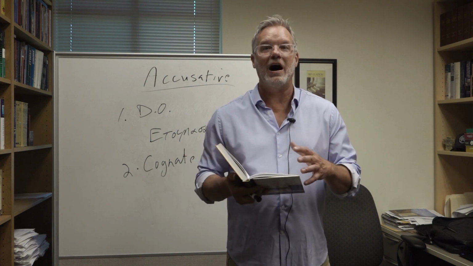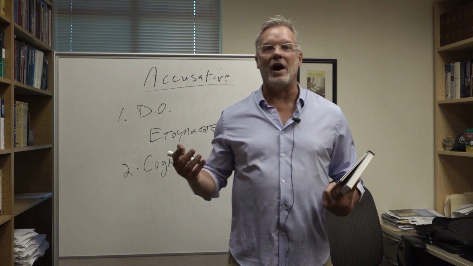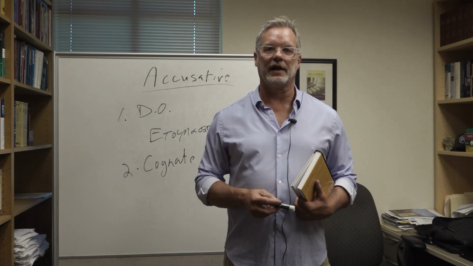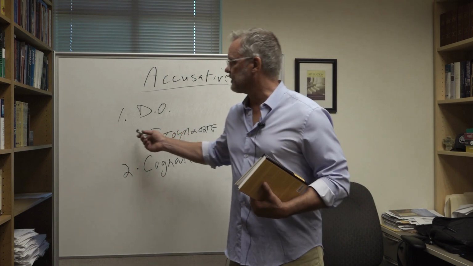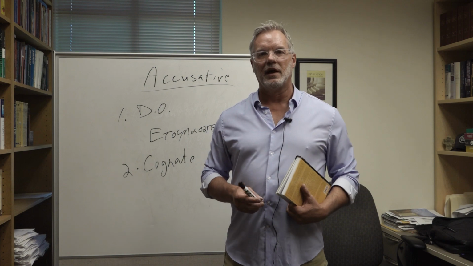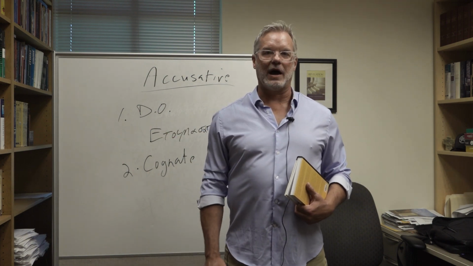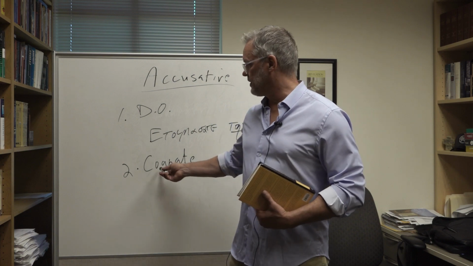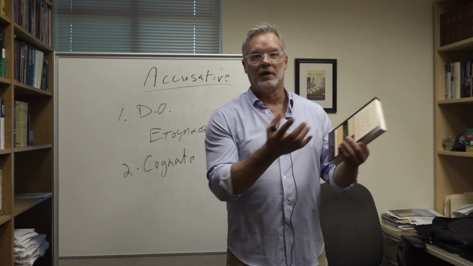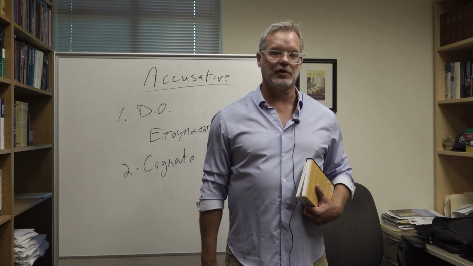So those are both cognate. And you know, there's various explanations for why that's the case. Sometimes it may lend more emphasis to speak like that, but basically it's not really a separate function of the accusative. It's more of a subset of the direct object use. It just is that the direct object happens to be cognate to the verb that it serves as the direct object for.